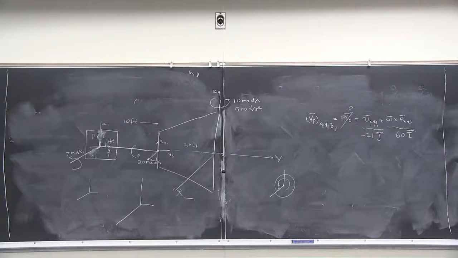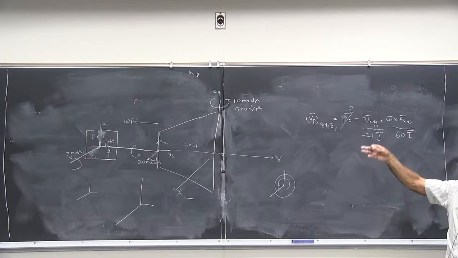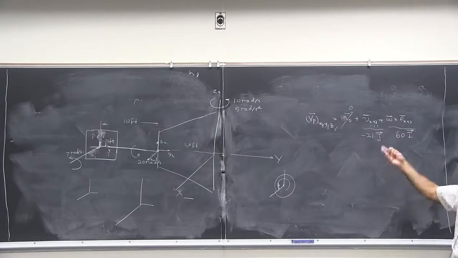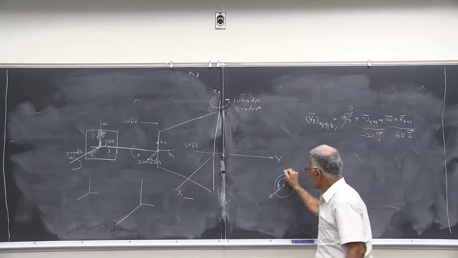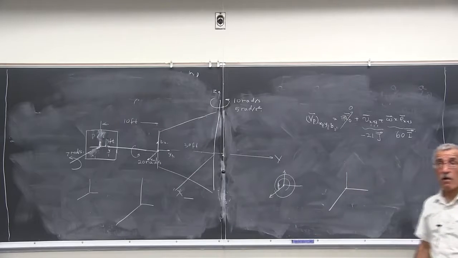Well, you can say it is r theta dot, and is in that direction. So that's negative j. So r theta dot, r is 3 feet, theta dot is 7, so that becomes minus 21j.